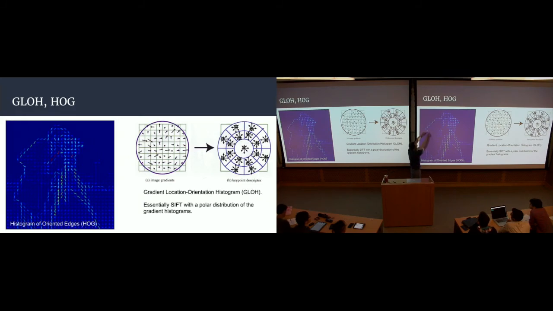Every little patch here, 8 by 8 or 16 by 16 or something, tells you what the edges are. And it turns out that it's a good feature to describe the silhouette of people. So it ended up a very good people detector. But it's all around the same thing. It's all about histograms of gradients.